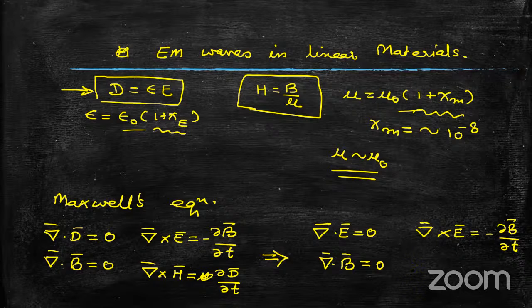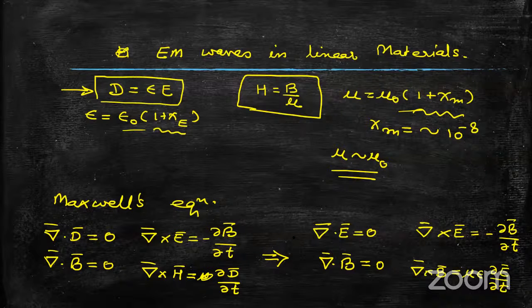So what we will get is del cross B equal to mu epsilon dE by dt. That is okay. Even if you don't write it, it's okay. First, understand. This is clear.